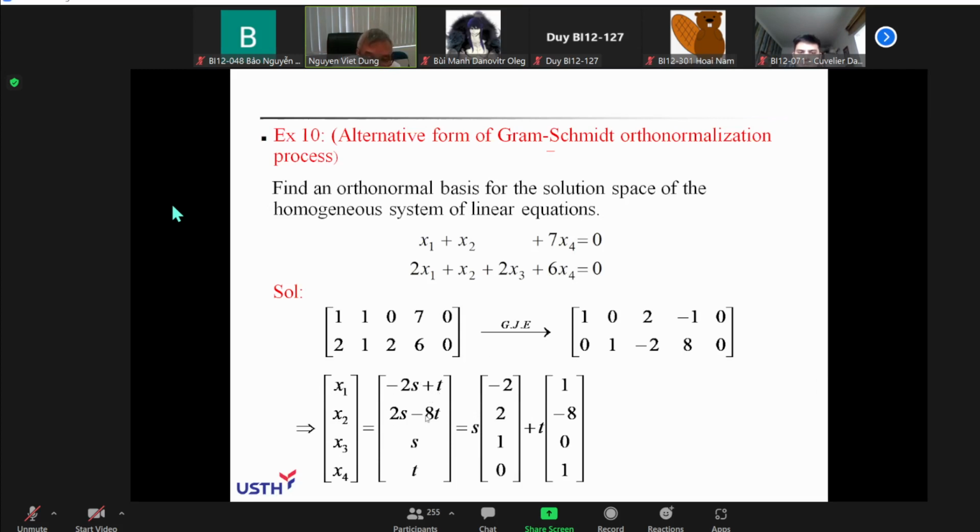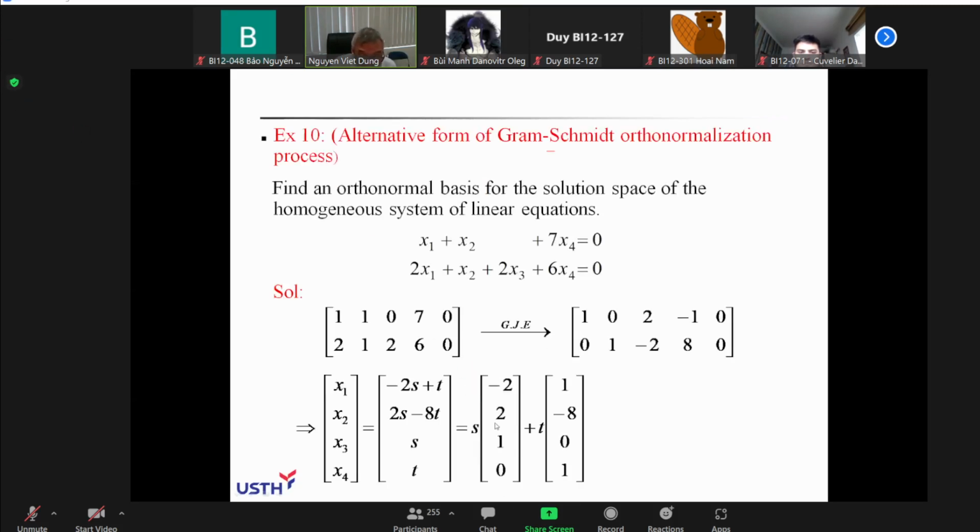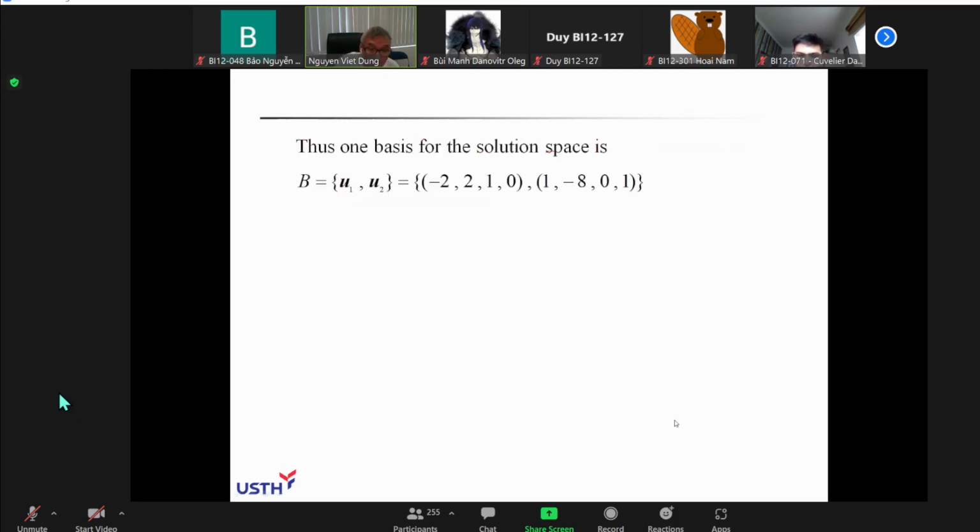Because of that, you get the solution space will have that form for any number s and any number t. That is, the basis for the solution space is that vector and that vector.